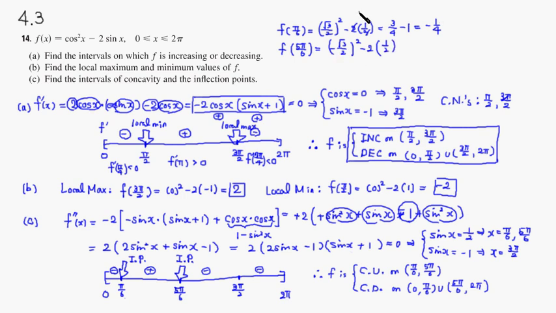If you square that, you get 3 over 4 minus 1, which is negative 1/4. So therefore, the inflection points are pi over 6 comma negative 1/4, and the other point is 5 pi over 6 comma negative 1/4.